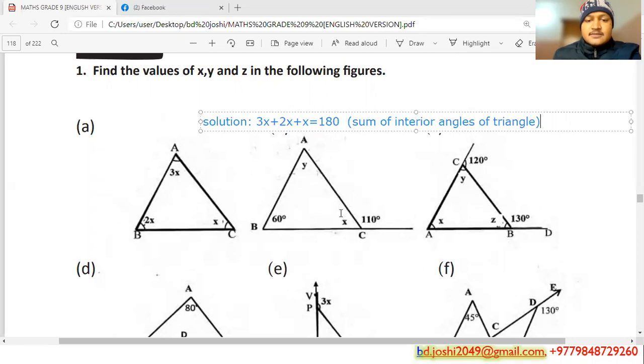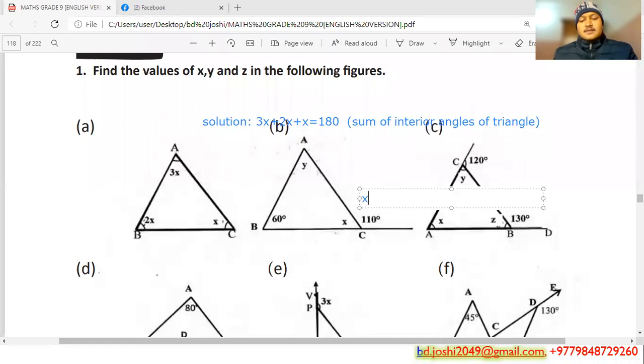What will be the reason? I am asking this to you. Exterior angle of a triangle is equal to the sum of opposite interior angles. Yes. x plus 110 is equal to 180.